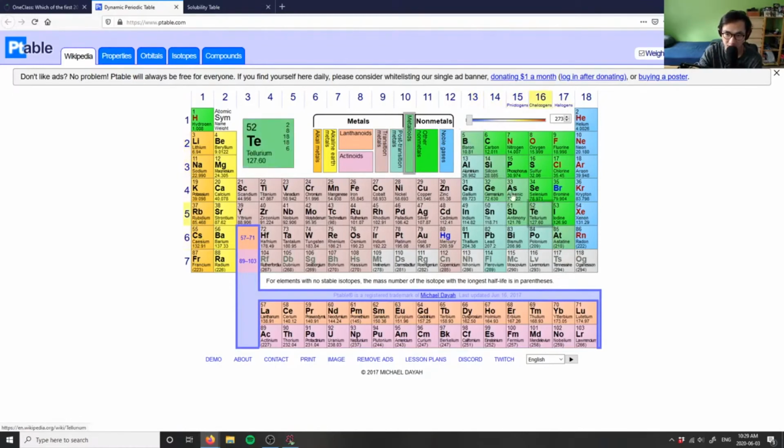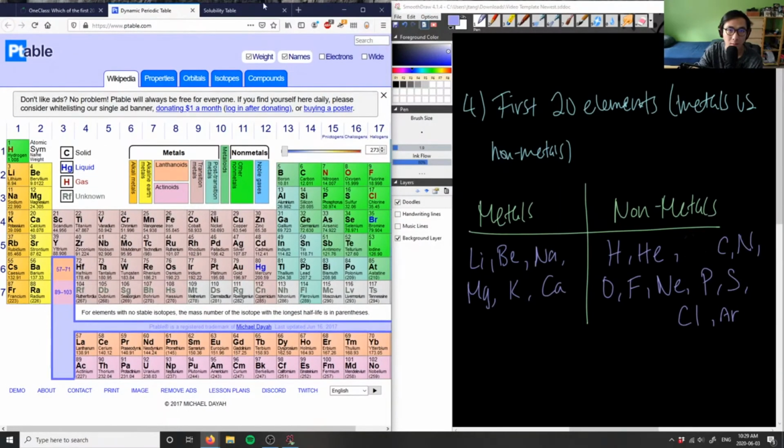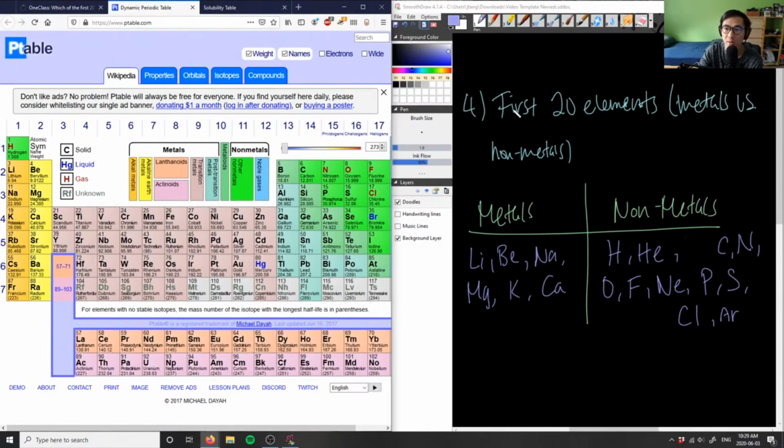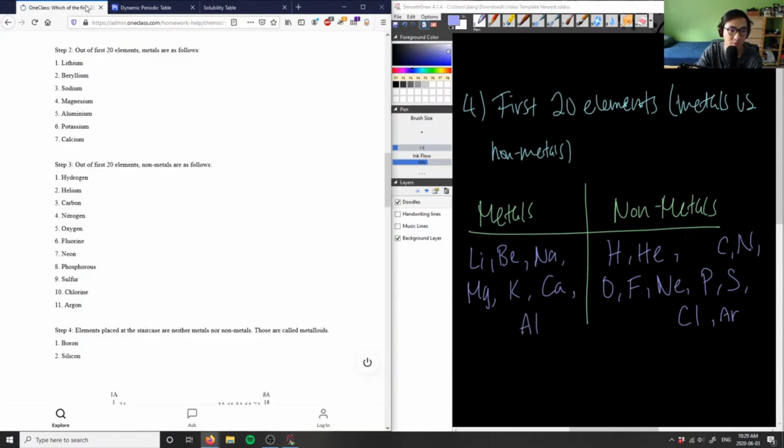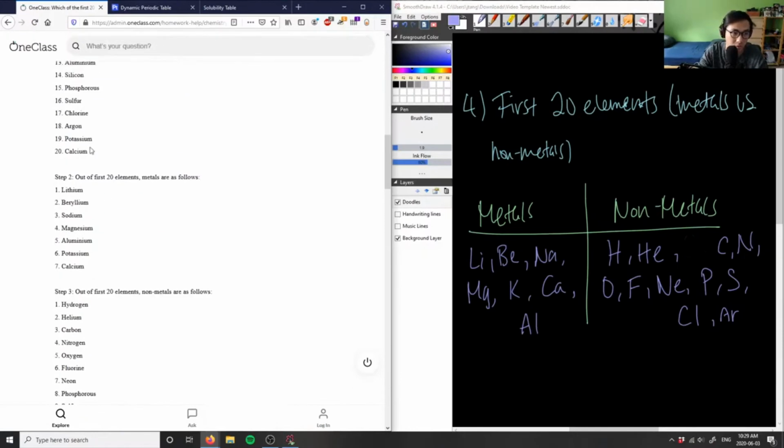This staircase is the cutoff, and aluminum you could think of as a post-transition metal. So this entire block is transition metals, and this aluminum here would also be a metal as well. So I'm missing aluminum from my chart here. So the solution here is correct because they actually included aluminum, whereas I didn't.